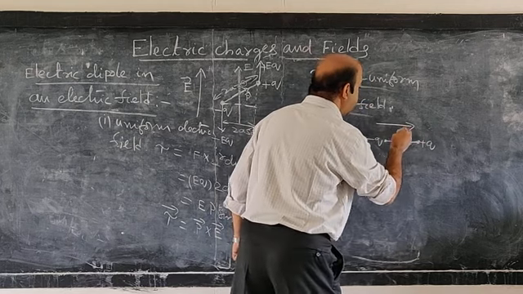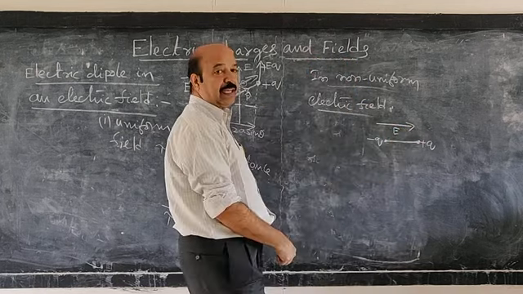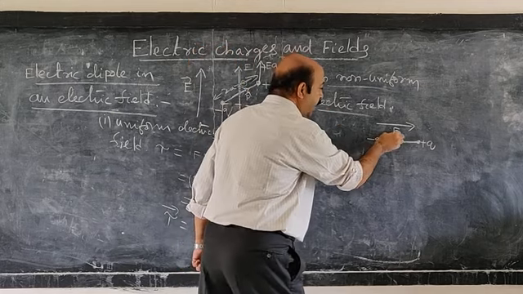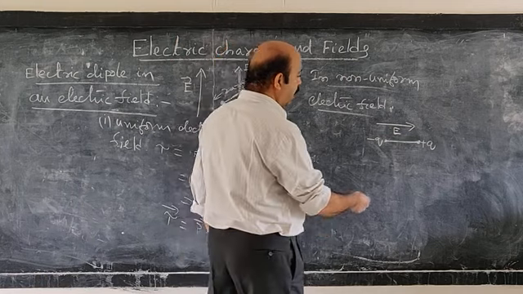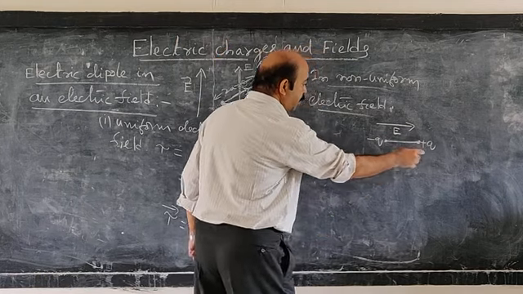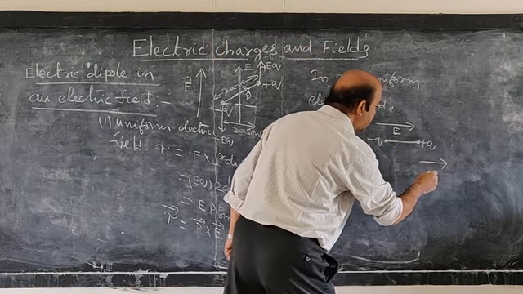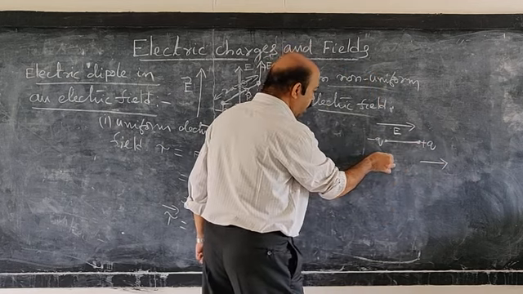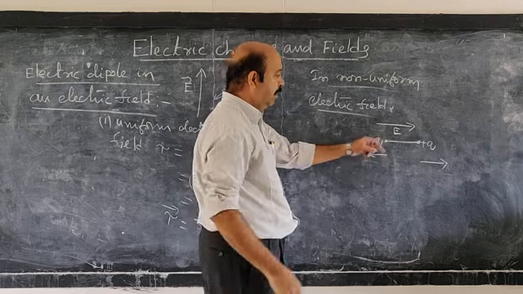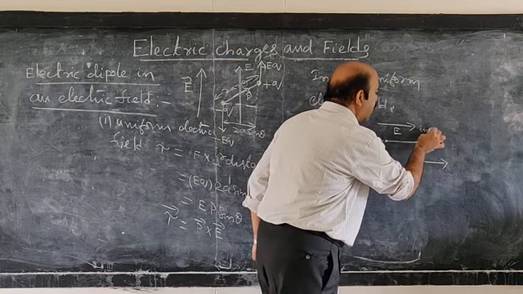And suppose this is the increasing direction of the electric field. Then what happens? The force on this plus Q will be in the direction of increasing electric field. On this it will be like this. So here is the increasing direction.